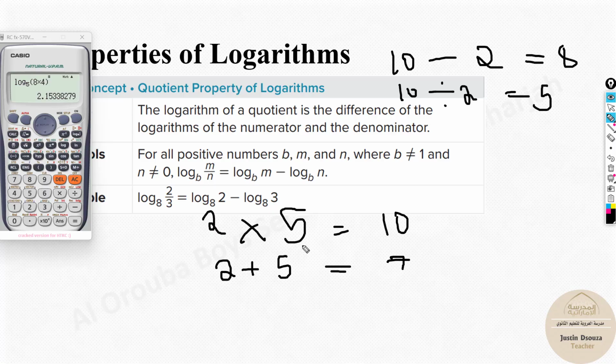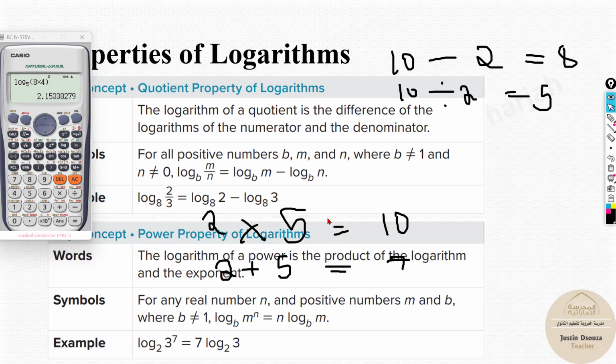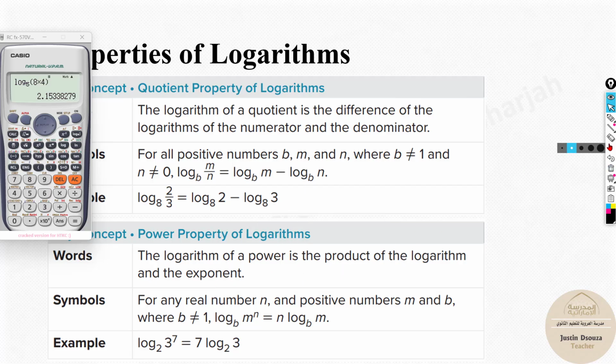So it's smaller. This is one way you can remember. Multiplication and addition make things bigger, so they are grouped as one. With the property of multiplication, we add the log terms, whereas with division we subtract log terms. Also, there is one more thing, the power inside a log.